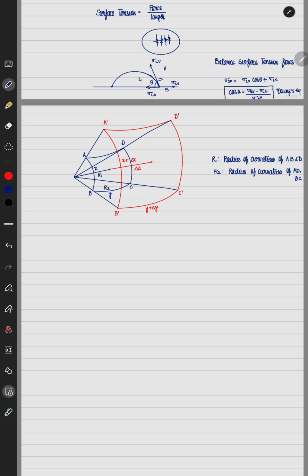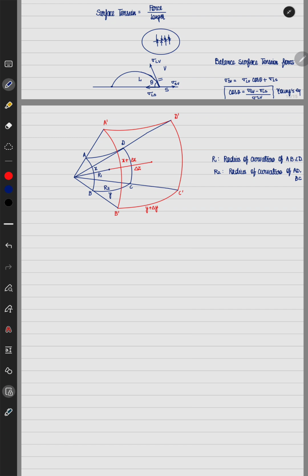Now what we do is we extend this surface. We want to pull this surface, and whatever ABCD was present has now become A prime, B prime, C prime and D prime. ABCD is enlarged to form A prime, B prime, C prime and D prime.